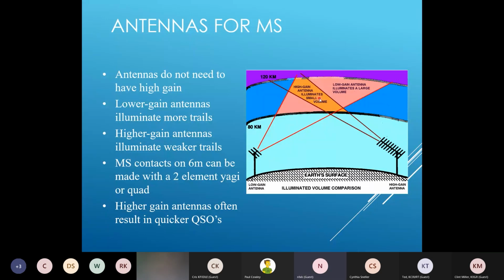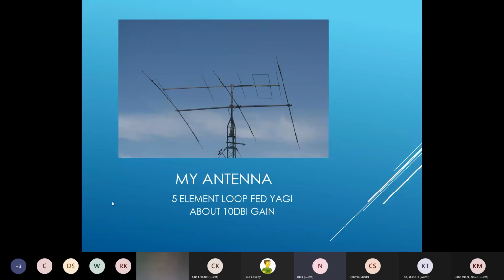But the flip side is you won't contact as many meteors. So there's something to be said for both ways. Meteor contacts can be made with a 2-element Yagi, and higher gain antennas may or may not result in quicker QSLs. It's the randomness of the meteors that really makes the difference.